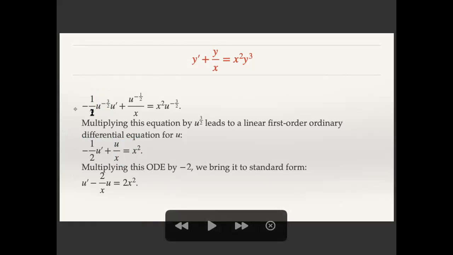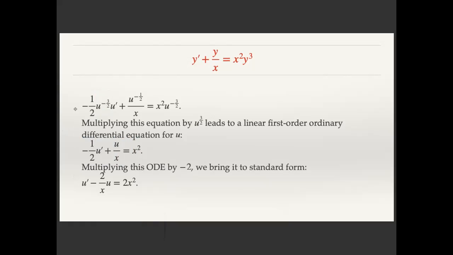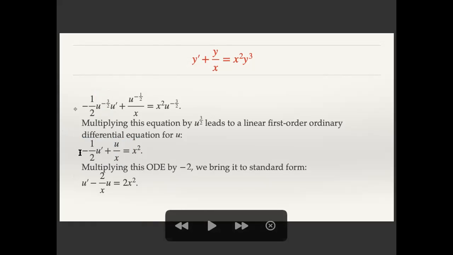So u to the minus 3/2 cancels with u to the 3/2. u to the minus 1/2 times u to the 3/2 gives 1. And u to the minus 3/2 times u to the 3/2 equals 1 as well. Okay, this is the equation that we get.